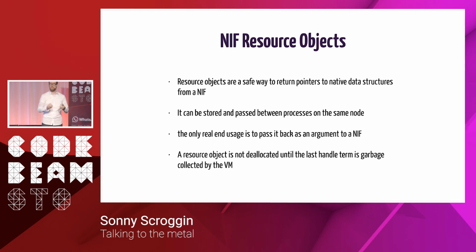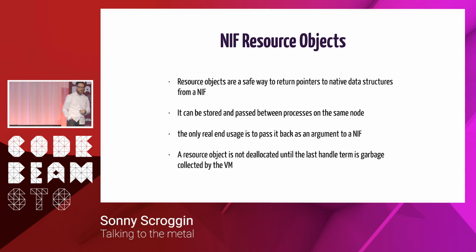Theoretically, you could actually share it with multiple processes and have multiple processes accessing the same memory within the VM. That could be very interesting. Resource objects are not garbage collected until no processes have a reference to them any longer.